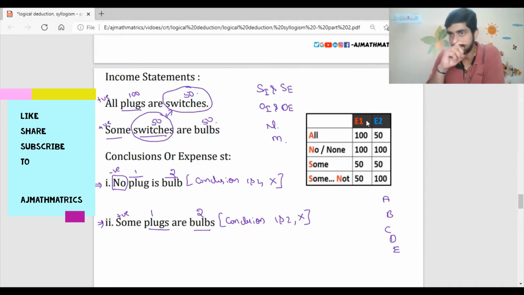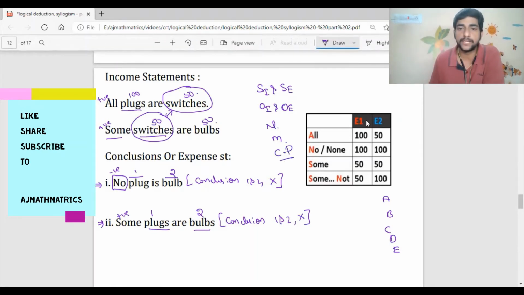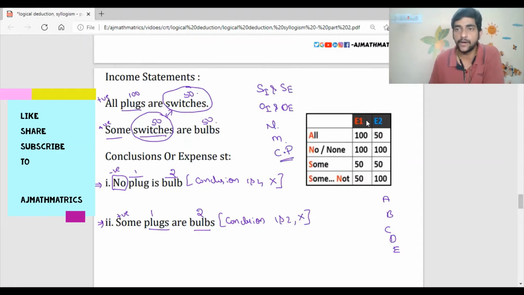One more important thing: when the two conclusions do not follow, we need to check one more thing, that is, whether they form a complementary pair or not. As of now we got C as the answer, we got A as the answer, we got B as the answer, and for a few questions we'll get D or E also, but as of now we haven't got C as the answer. C means either or.